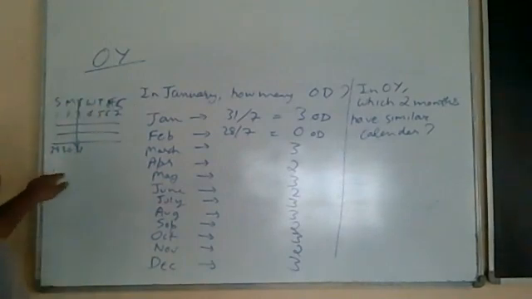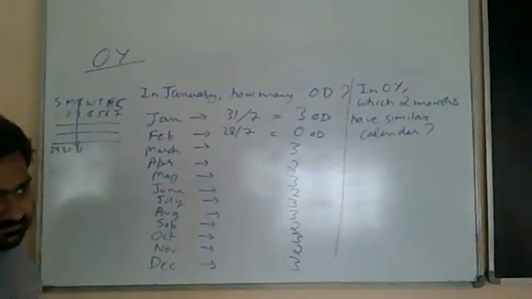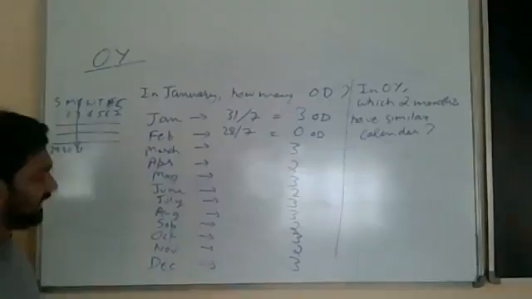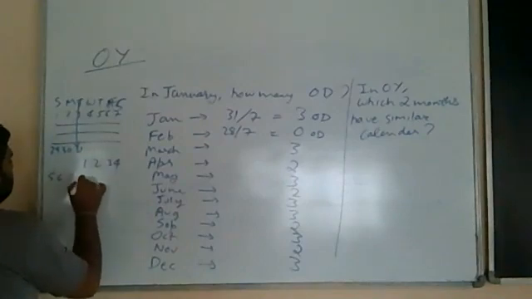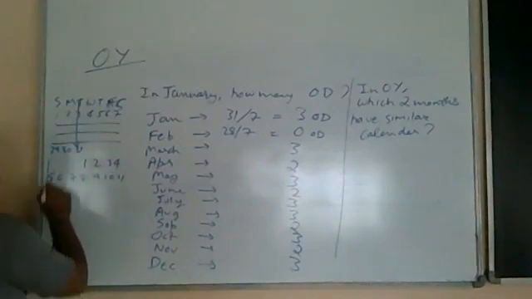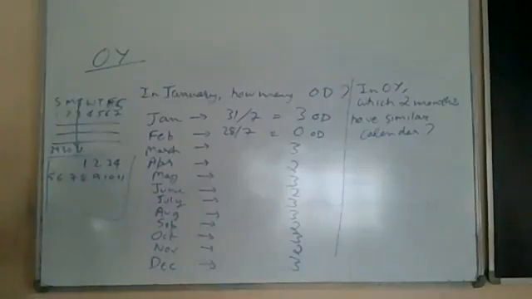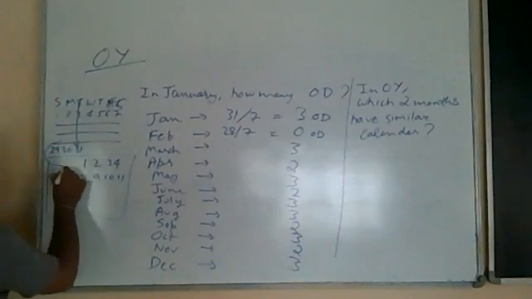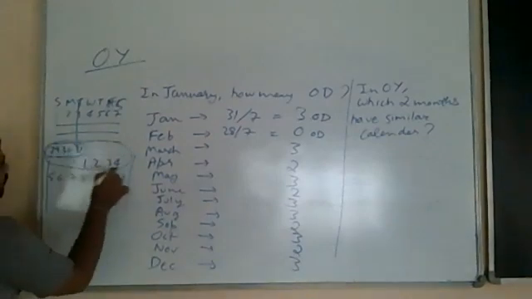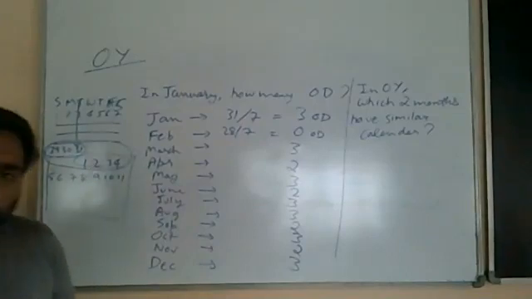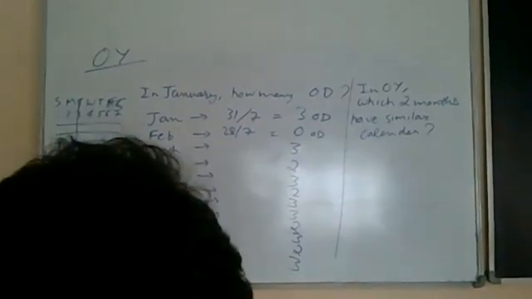February 1st will be Wednesday. So 1, 2, 3, 4. This February calendar will look like this. That means this week has 3 days from January and 4 days from February. Yes or no? Yes, sir.